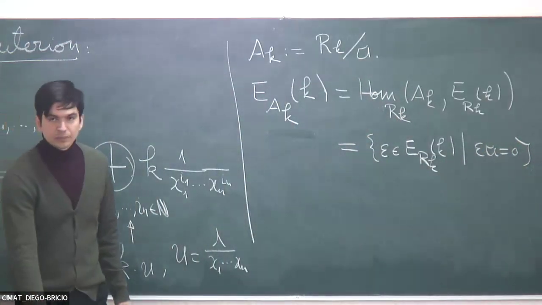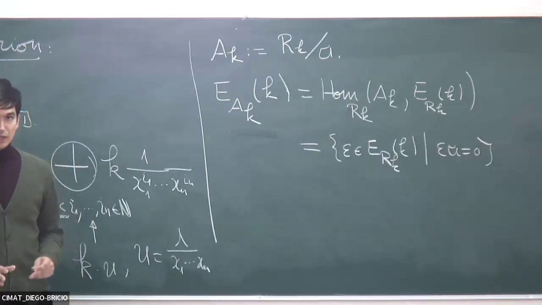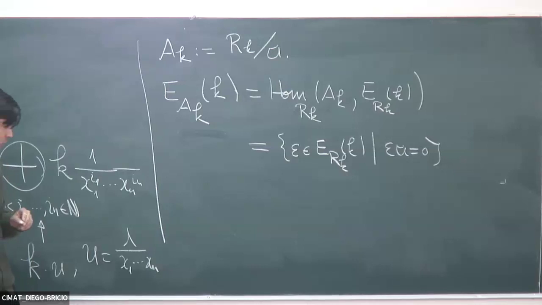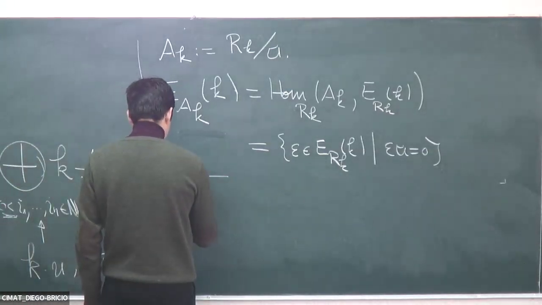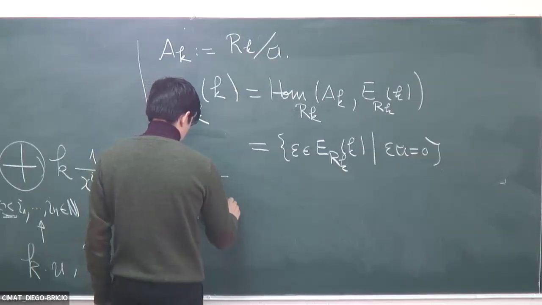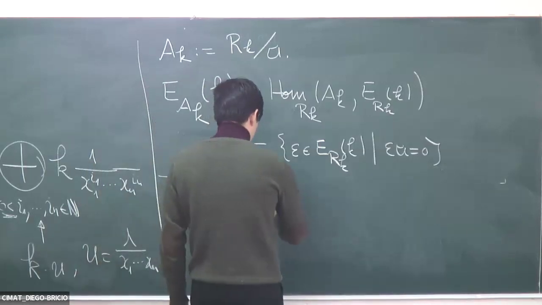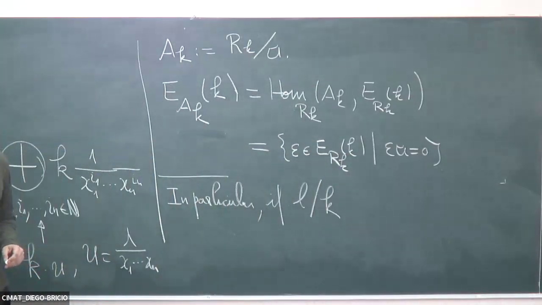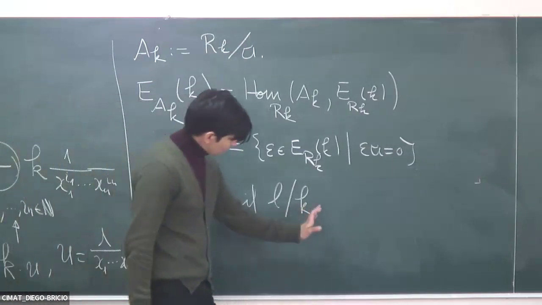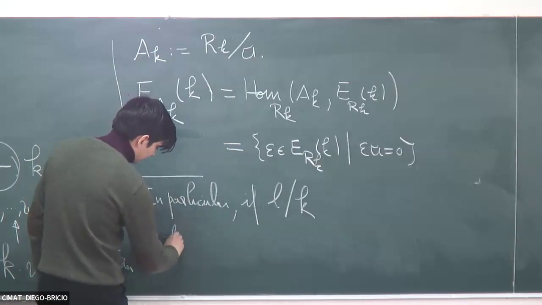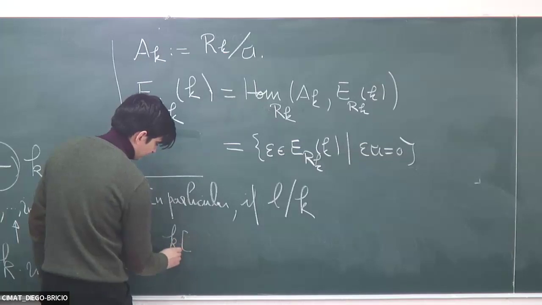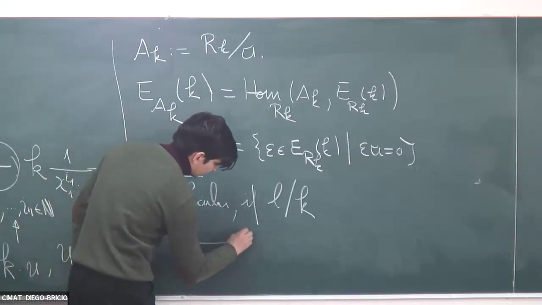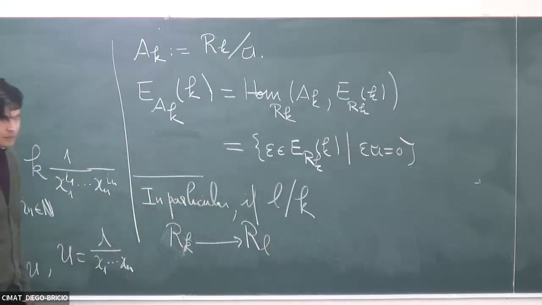Okay, and this simple observation has a very important consequence, which actually is an important consequence for further criterion, which is that, in particular, if you have any extension of fields L over K, what you get is a canonical map from R_K to R_L.